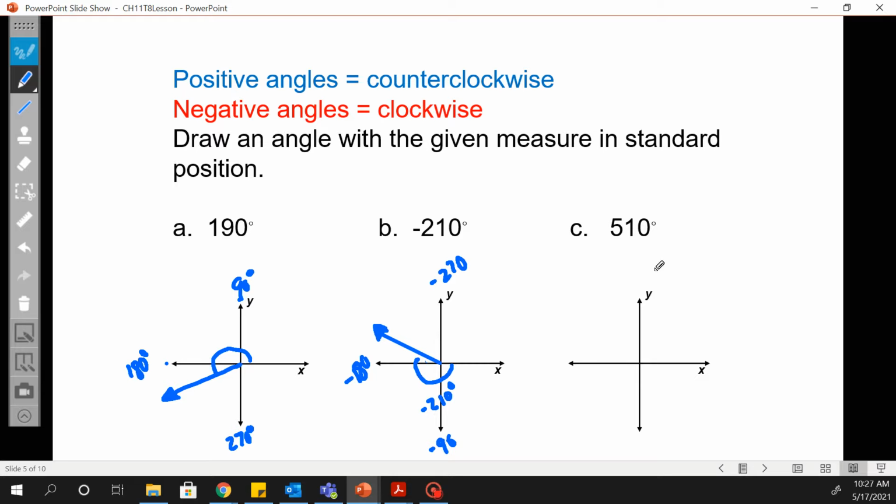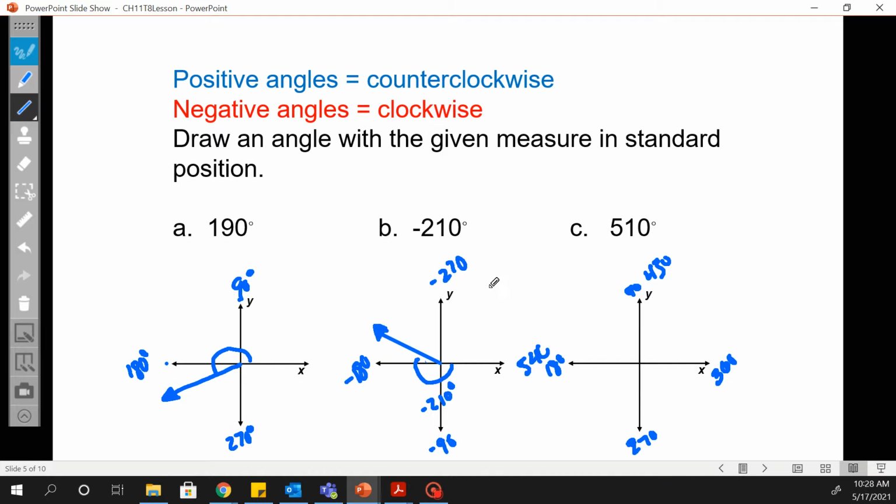And then 510 degrees. Well, now I'm rotating a couple more than 360, so I'm rotating around. So this is 90, 180, 270, 360, and then 360 plus 90 again, 450, and 450 plus 90 is 540.